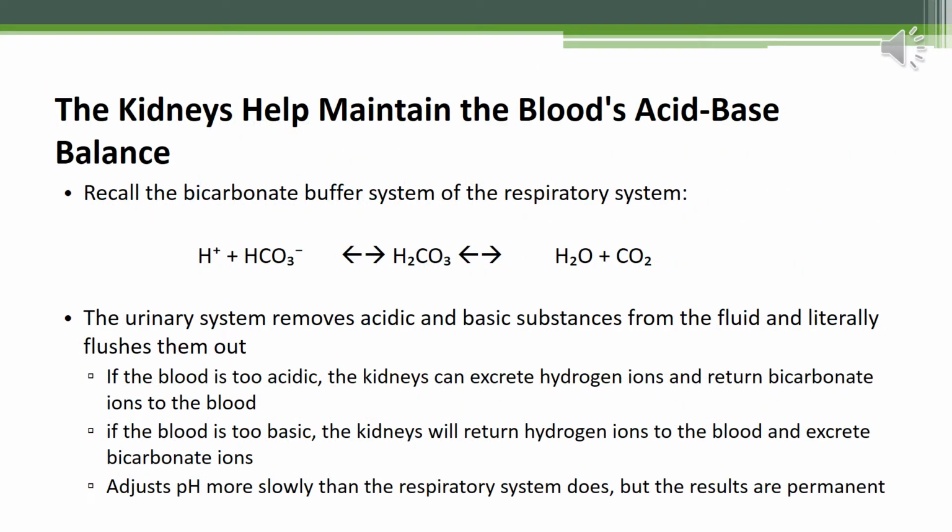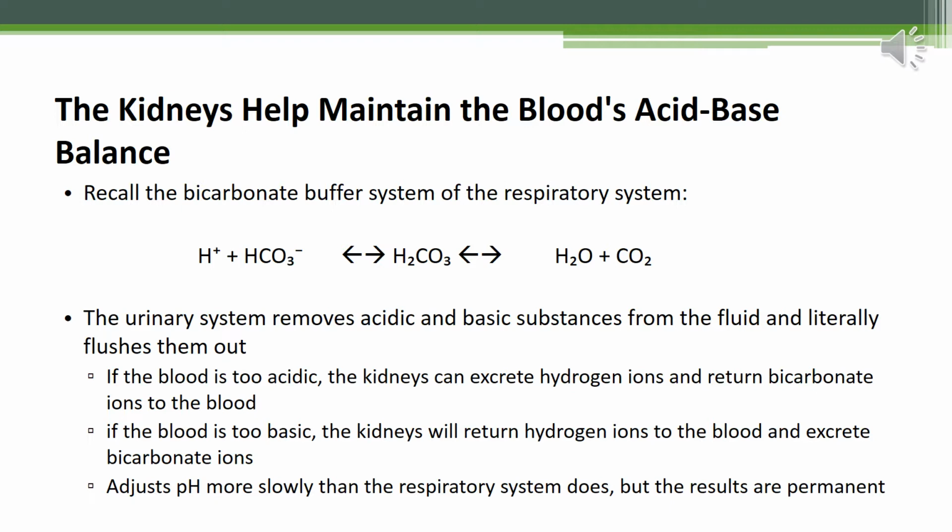The kidneys also help maintain the blood's acid-base balance. And if you'll recall the bicarbonate buffer system of the respiratory system, well, anyway, in the urinary system, this reaction isn't carried out so much as we're just exchanging the hydrogen ions for bicarbonate ions. And the urinary system actually removes acidic and basic substances from the fluid and literally flushes them out of the body.